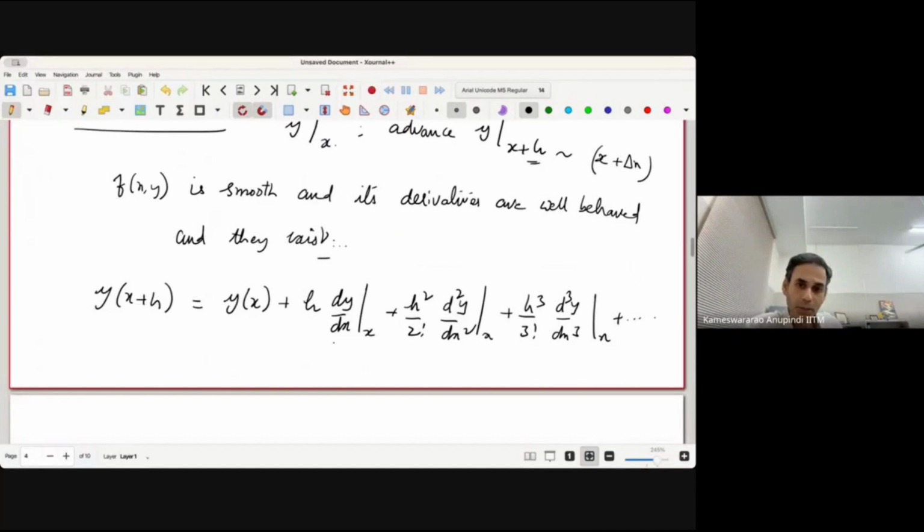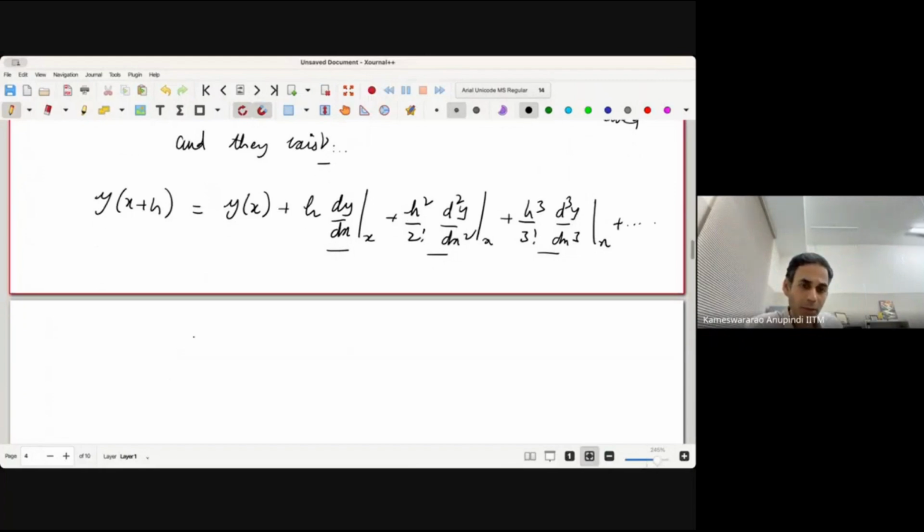But that means all these derivatives need to be evaluated at x, and then we can construct what is y at x plus h if we include several of these terms. Now, we know from the given problem that the governing equation was dy dx equals f of xy, right? This we already know. That means dy dx, the value of f of xy, can be obtained.